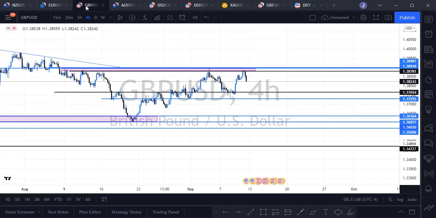Okay. All right. So here now we have GBP USD. Now GBP USD, we are seeing a similar structure to what we saw on NZD USD. Now we have a kind of double top formation here, as you can see, one, two. So now we have this kind of formation.